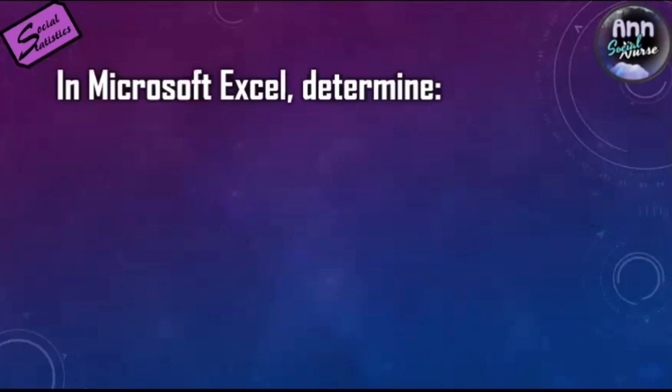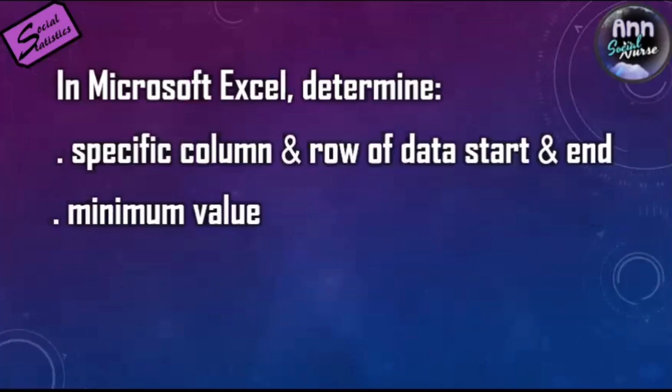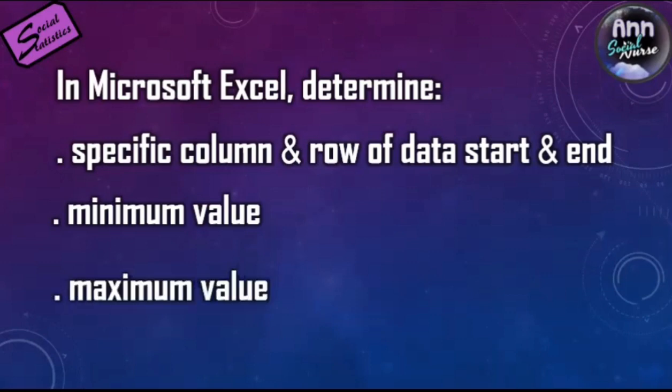Now, in Microsoft Excel, you are going to determine a specific column and row where the data starts and ends, which you already have done in the previous module. Then you are going to determine the minimum value as well as the maximum value. You also have done that in the previous module.